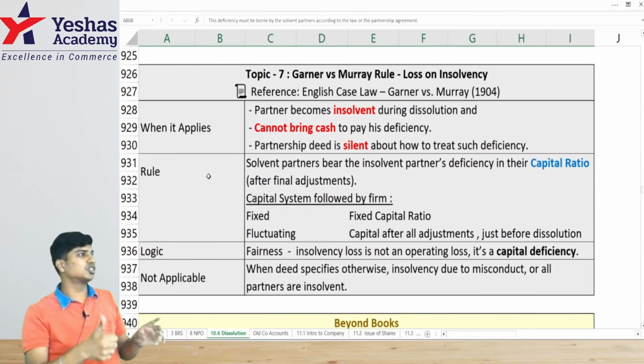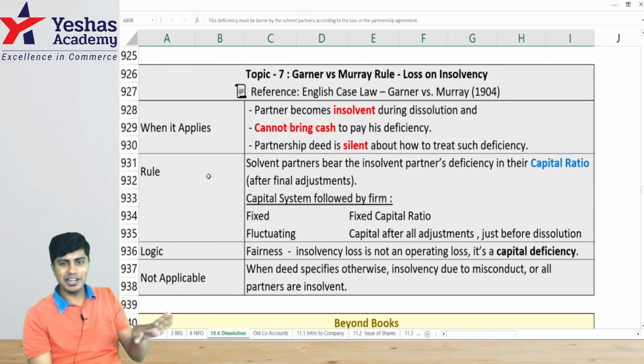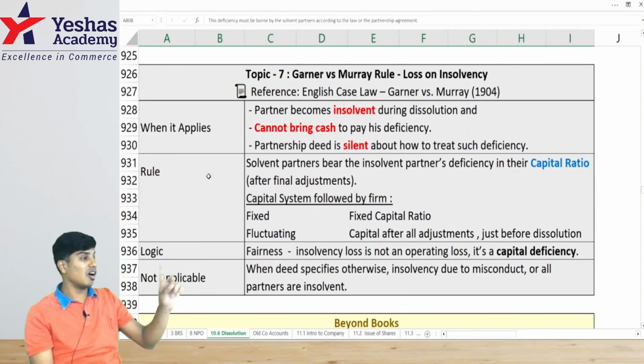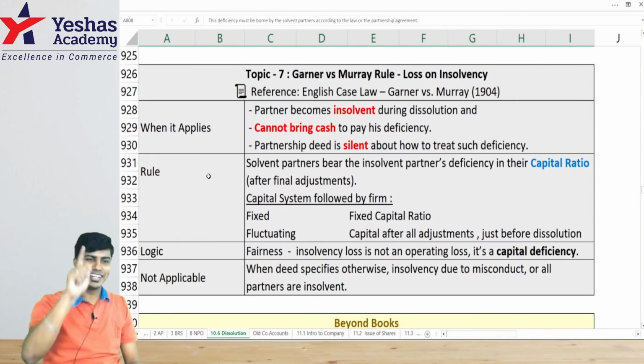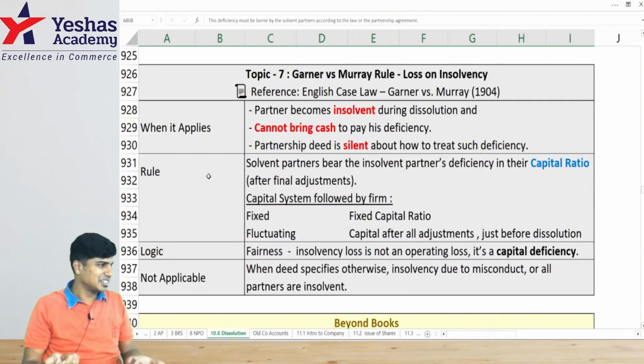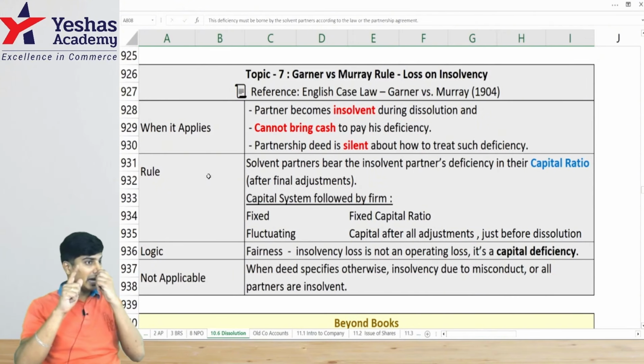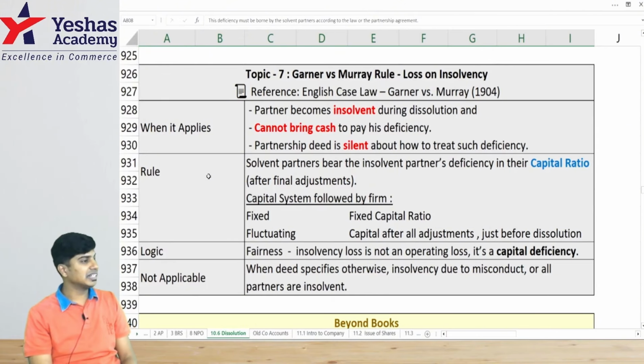Only one partner should be insolvent, or not all the partners should be insolvent. One of the partners should be insolvent, or two also, but not all. And the next important condition is that he cannot bring cash to fulfill the deficiency, and the partnership deed is silent. Only then will we apply Garner versus Murray.